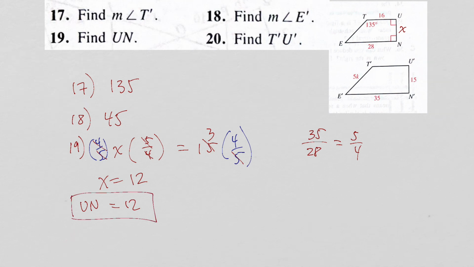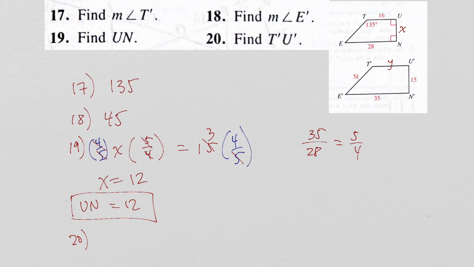Number 20. This is 16, and we want to find T prime U prime. So 16 times our scale factor of 5 over 4 is equal to this right here. We'll call this y.